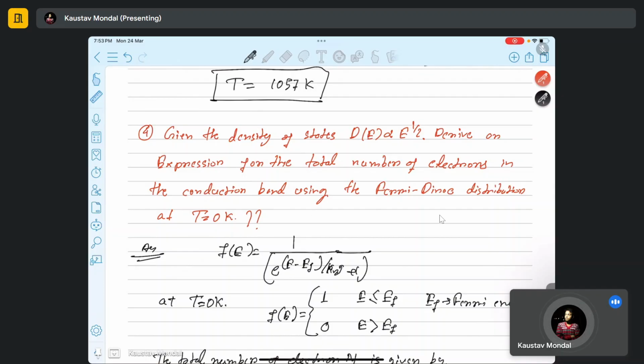The other one is the Fermi-Dirac distribution, which is also for quantum, indistinguishable particles. But in that case, more than one particle cannot occupy a single energy state. That means fermions obey Pauli's exclusion principle.